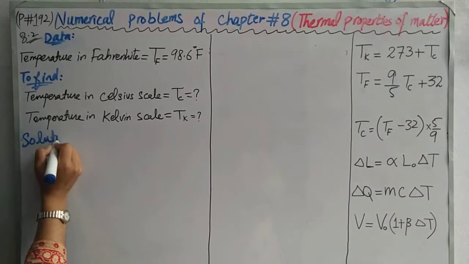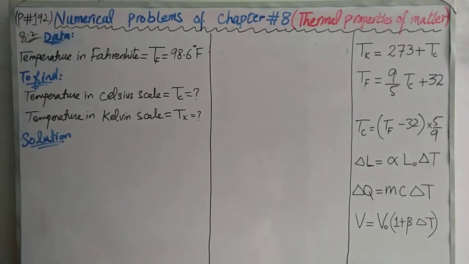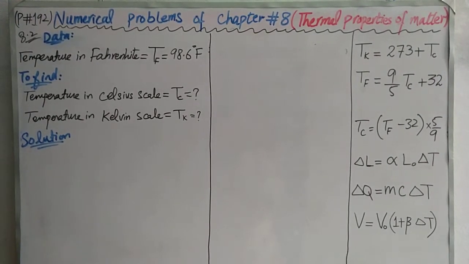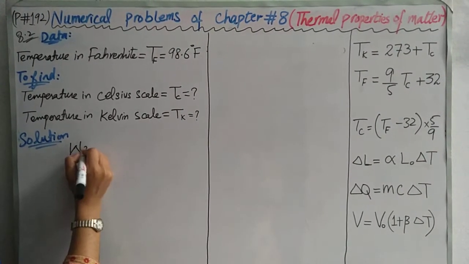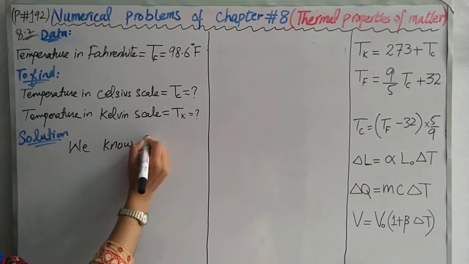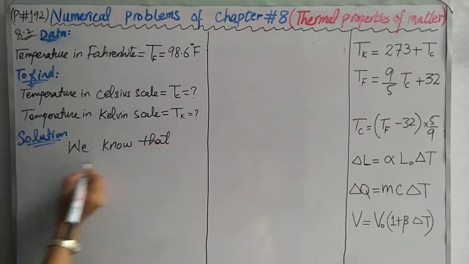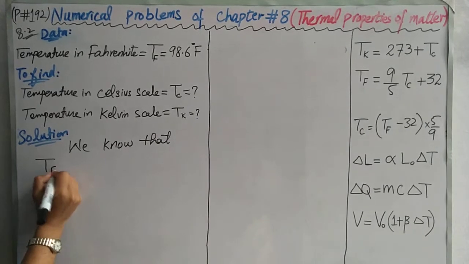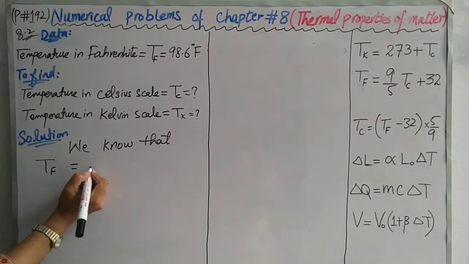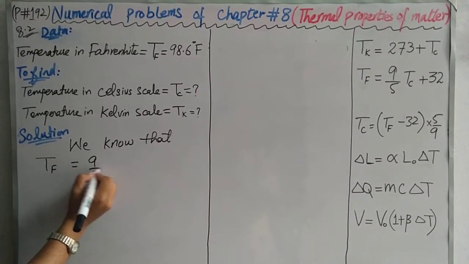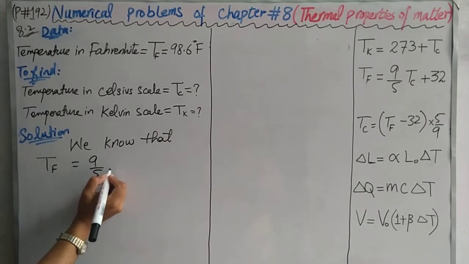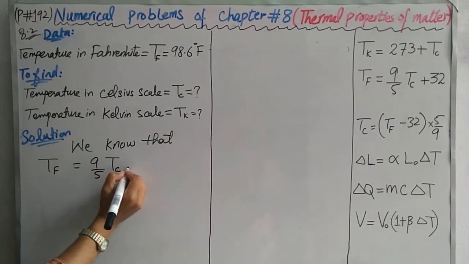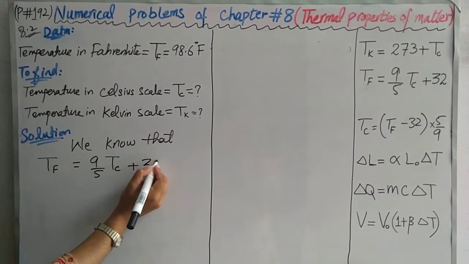We know the conversion formula from your book, that is, TF is equal to 9 by 5 TC plus 32.